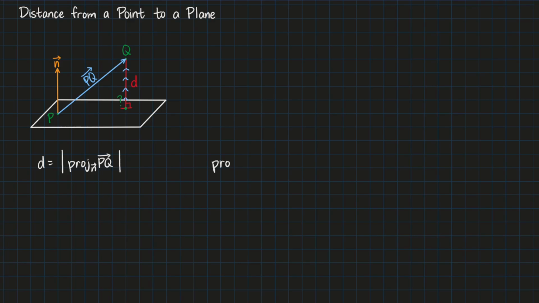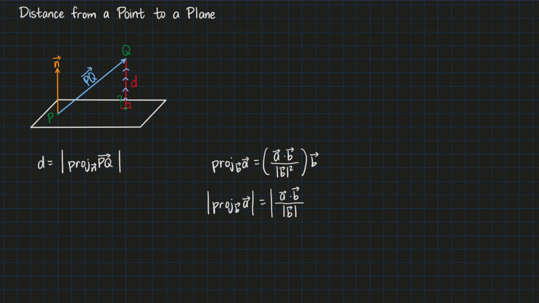If we have a projection of vector A onto vector B, this equals A dot B over the magnitude of B squared, times B. And if we take the magnitude of this, we will get the magnitude of A dot B divided by the magnitude of B. So we'll go back to the distance equation and write that in that form.